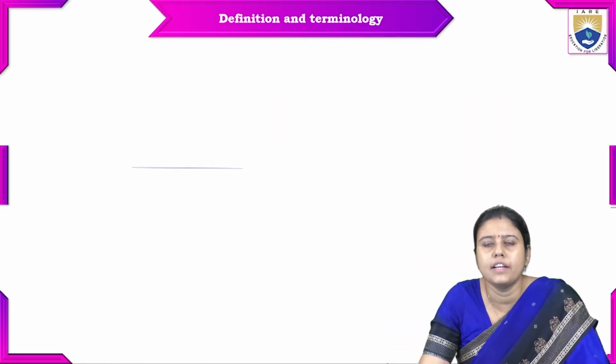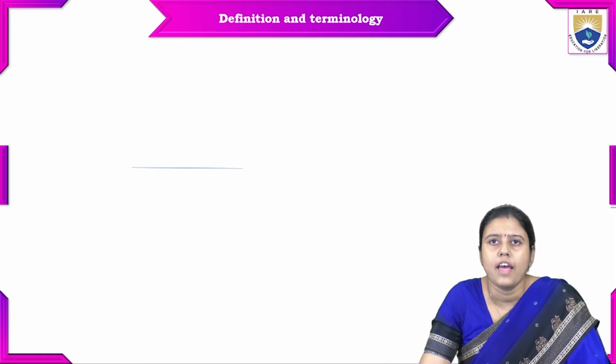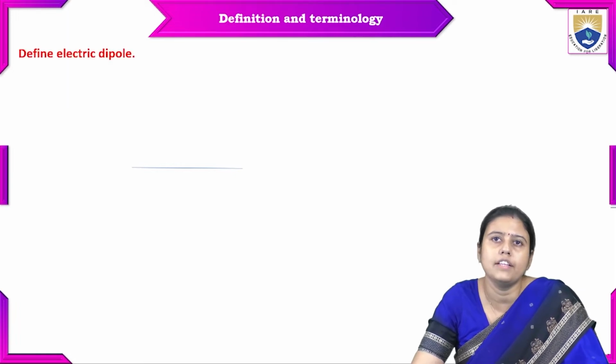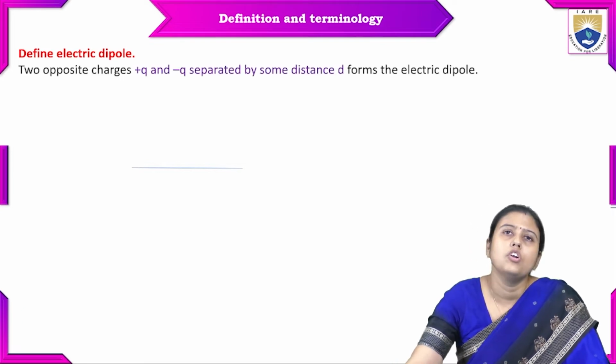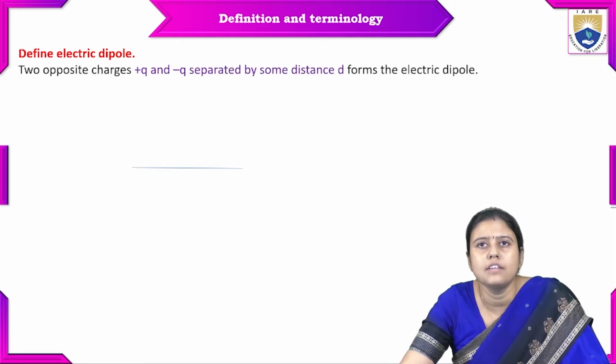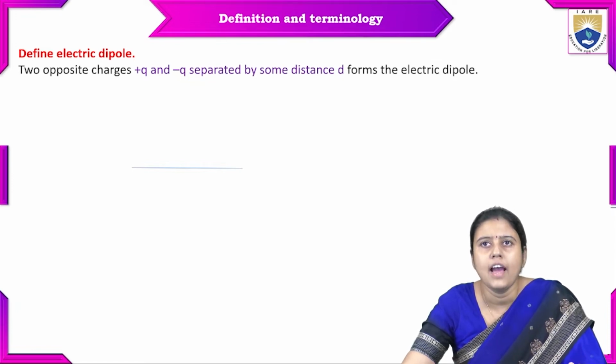Before starting the definitions and terminology, my first definition is: define the electric dipole. What is an electric dipole? Two opposite charges, plus q and minus q, of the same value but opposite in sign, separated by some distance, form an electric dipole.